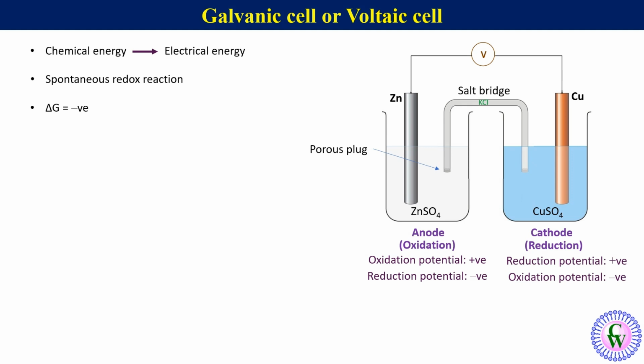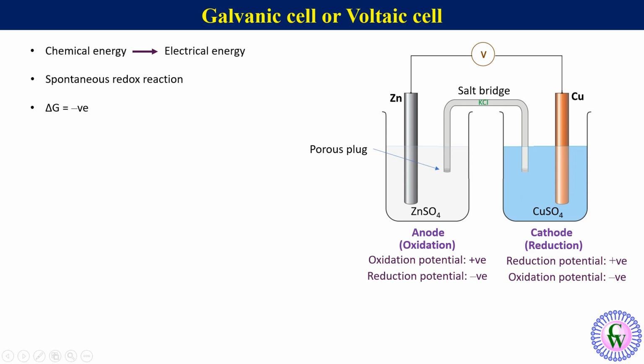The function of salt bridge is to complete the circuit and maintain electrical neutrality by allowing ions flow. This galvanic cell consisting of zinc and copper electrodes is called Daniell cell.